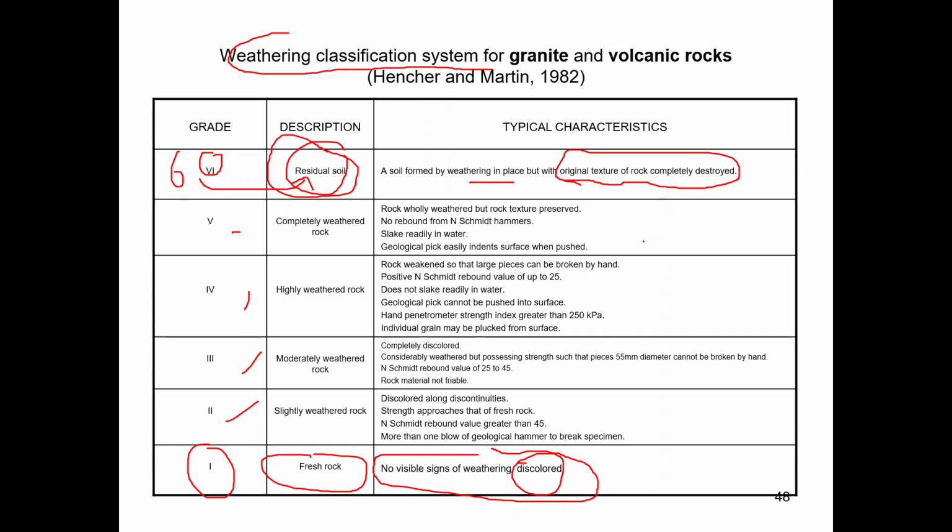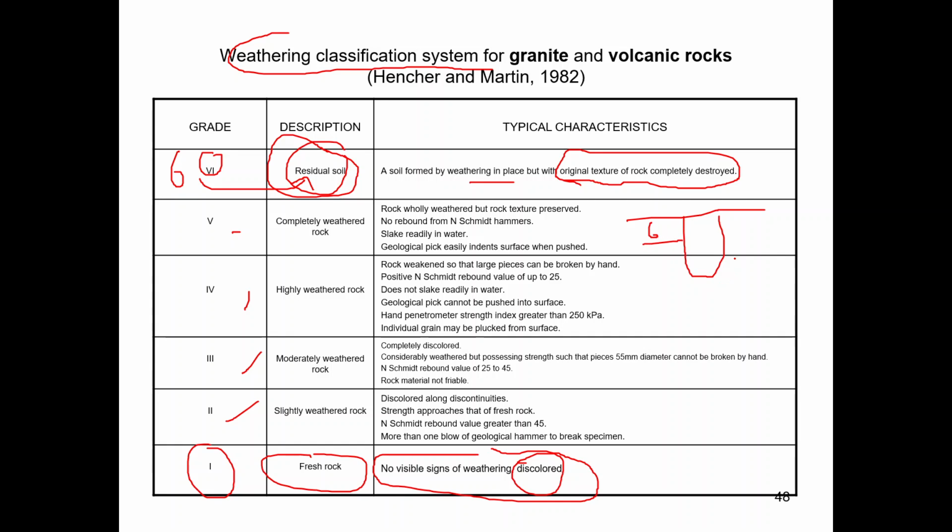That's why in soil investigation we normally do trenching, borrow pit, or trial pit, to see the next layer of this profile. The top layer is normally weathering grade 6.